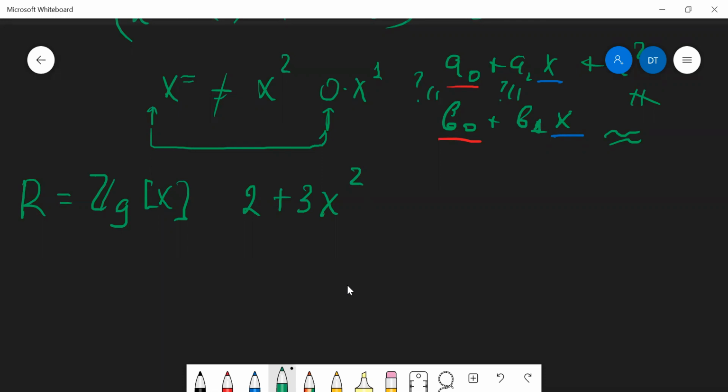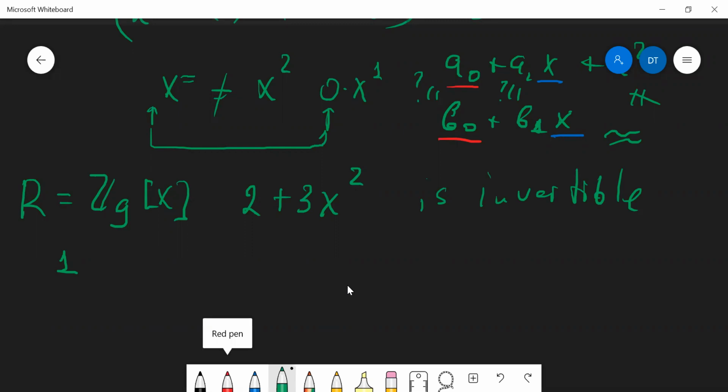Let's check. It's actually invertible. So we may find a polynomial such that multiplying by this new polynomial, the product will be 1. By the way, the identity element here is the polynomial just 1, like the usual one from Z9.